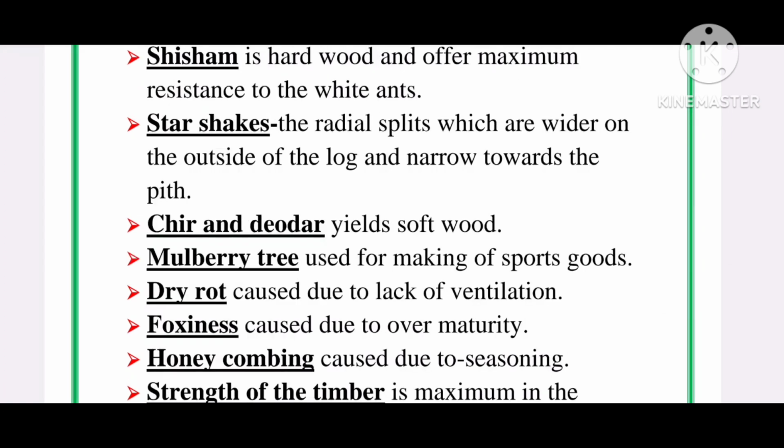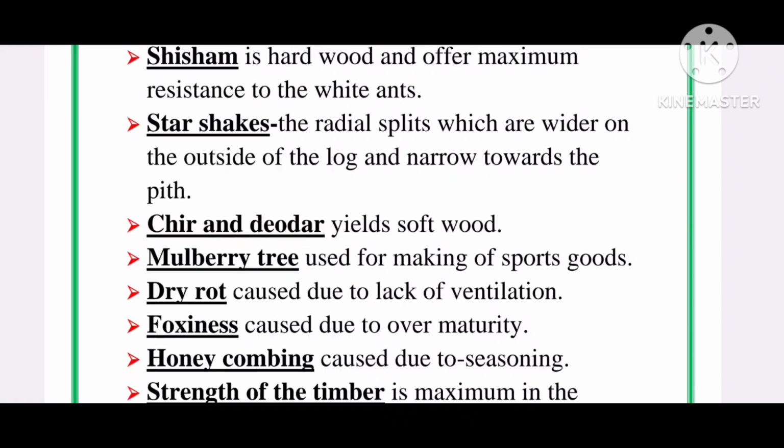Next term, star shakes are the radial splits which are wider on the outside of the log and narrow towards the pith. These star shakes are a type of defect which comes under natural force.